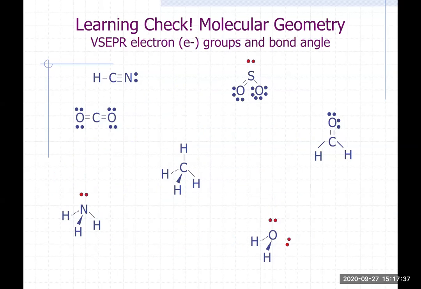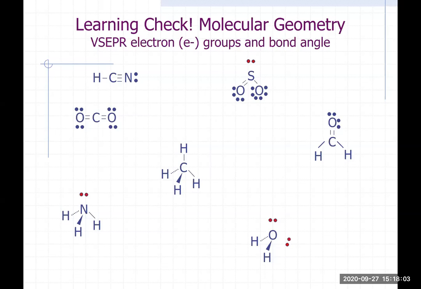So let's look at molecular geometry and go through a few practices here. The first thing has already been done for us. The Lewis structures are drawn. In fact, we have actually VSEPR structures drawn here for you to look at, because they're 3-dimensional, because you see the wedges that bring the atom forward and you see the dotted lines that take the atom back through the plane of the PowerPoint screen.